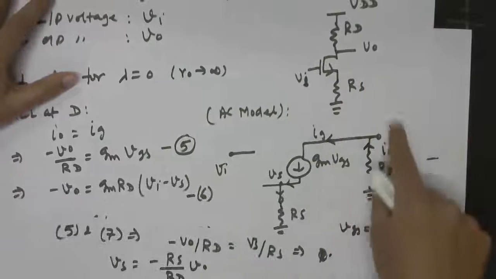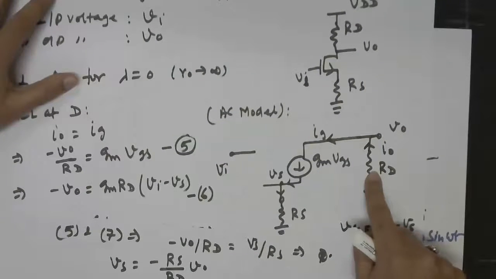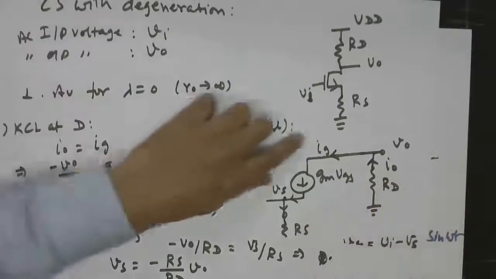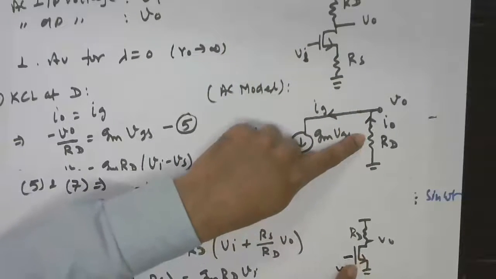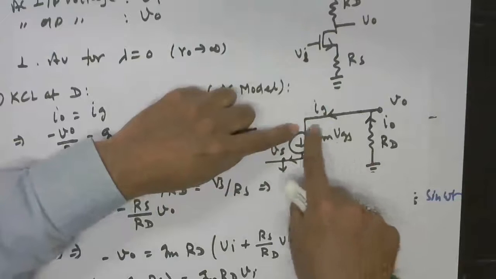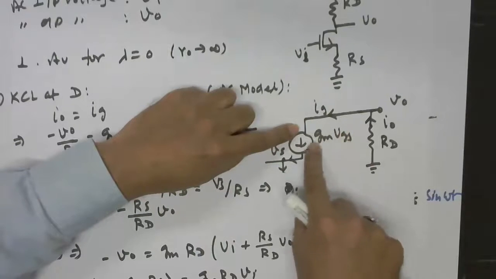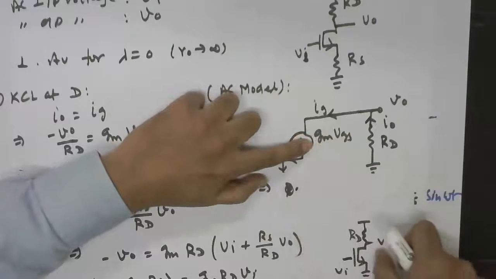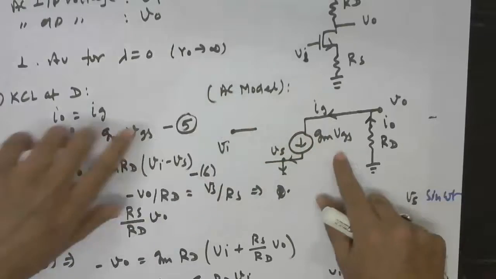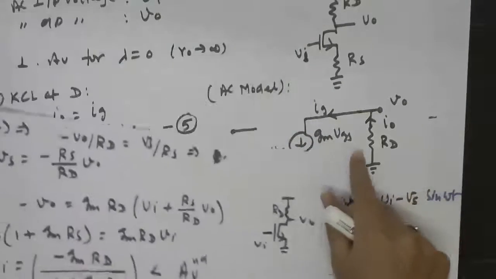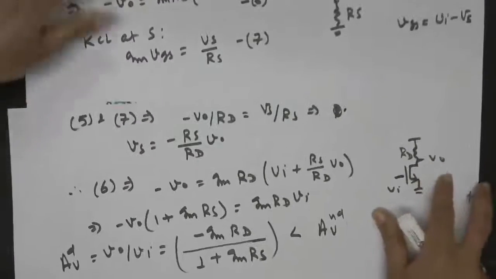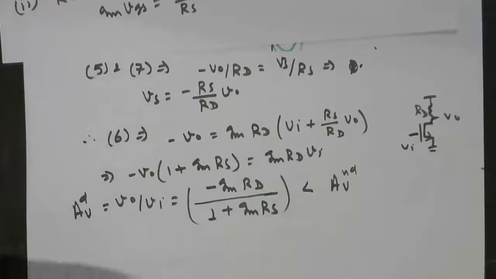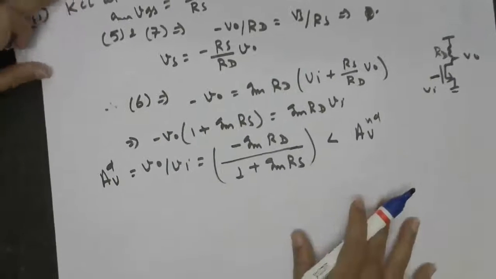So this is the meaning of gain reduction. Now, since the output is decided by the current flowing through RD, the current through RD should be smaller than in the without degeneration case. That means GM into VGS should now be smaller compared with the without degeneration case. Now let us see whether that is happening or not. We can calculate VGS.